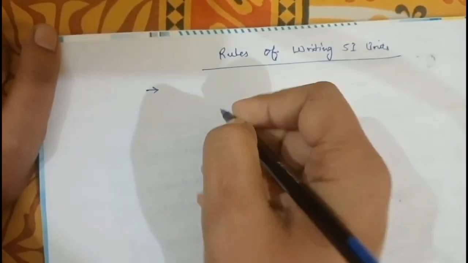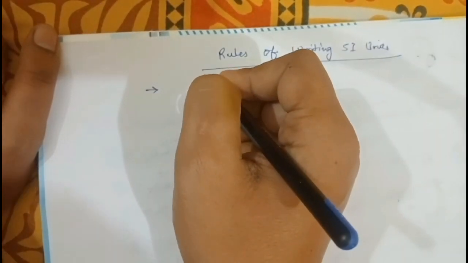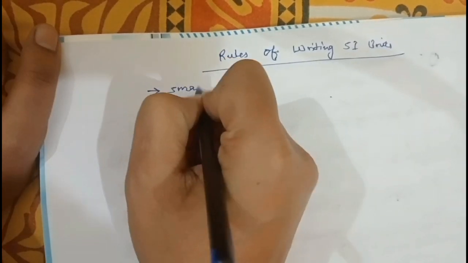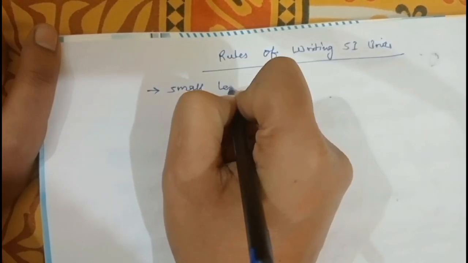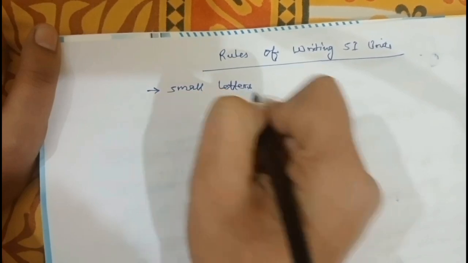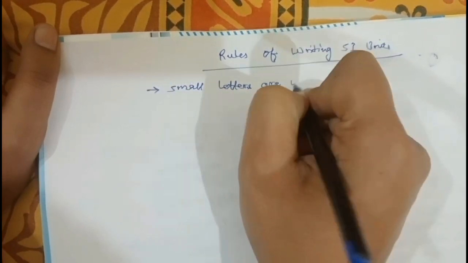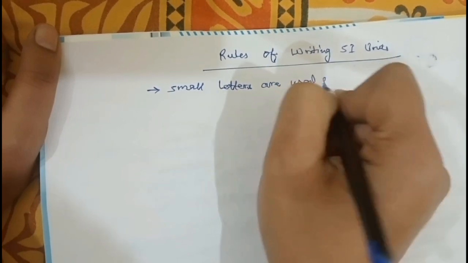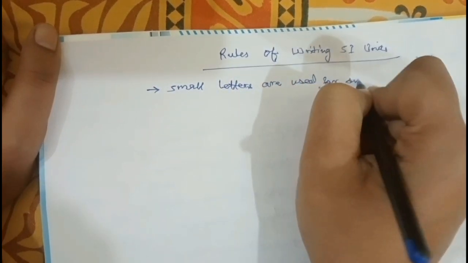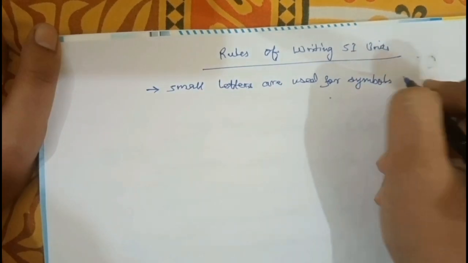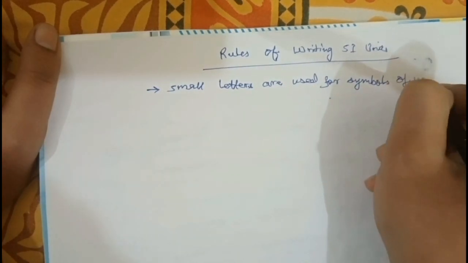The first rule is small letters are used for symbols of units. You can remember: small letters are used for symbols of units.